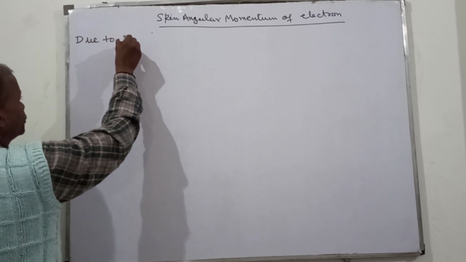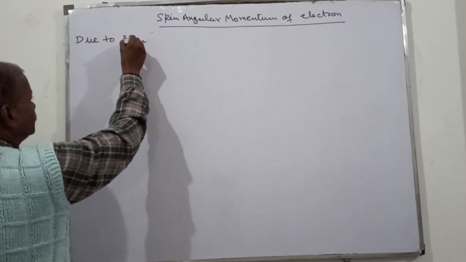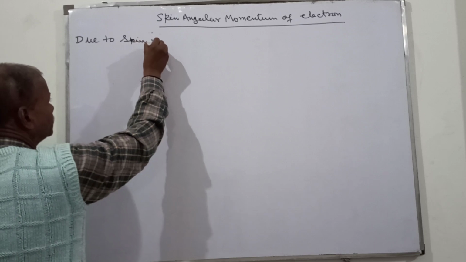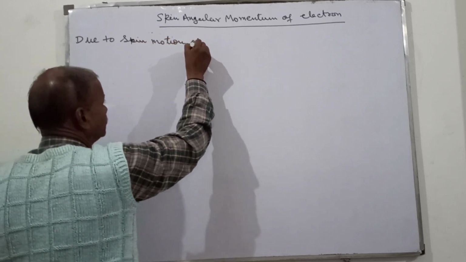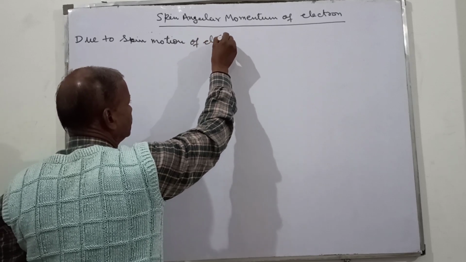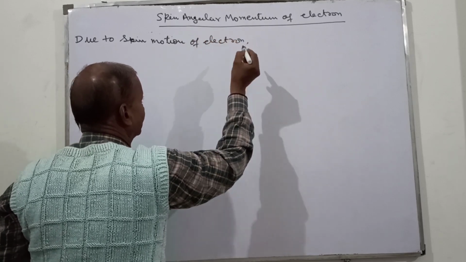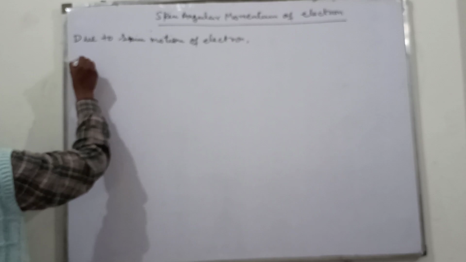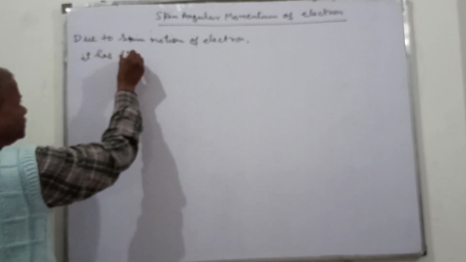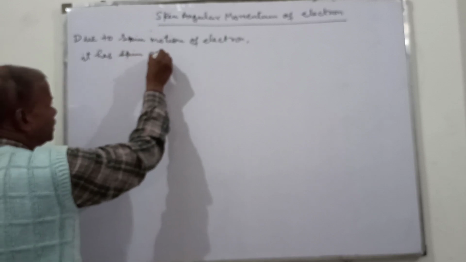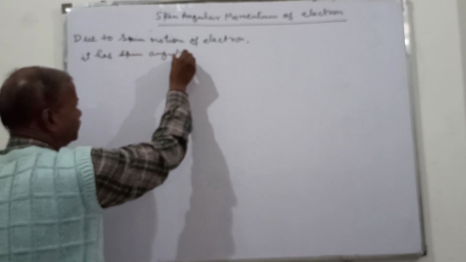Due to spin motion of electron, it has spin angular momentum.